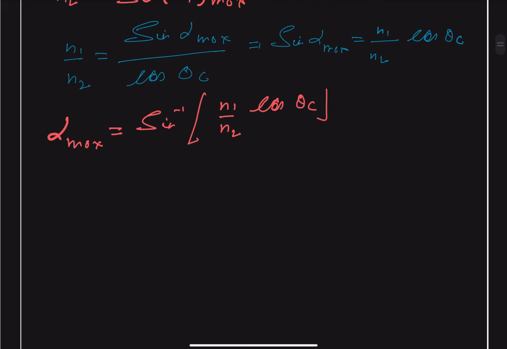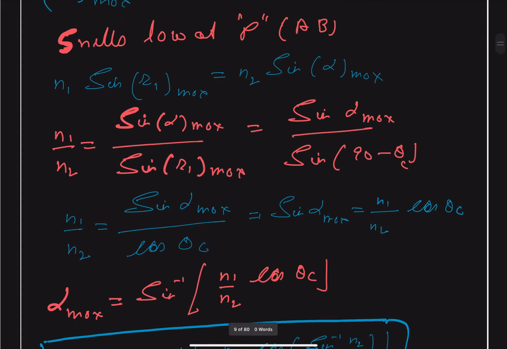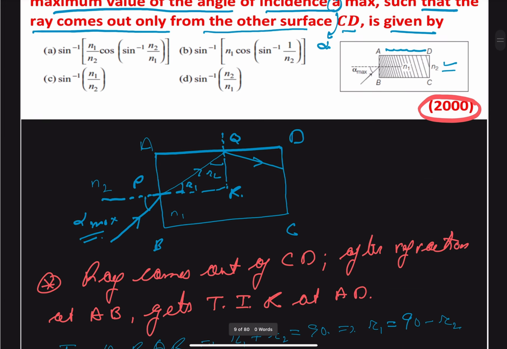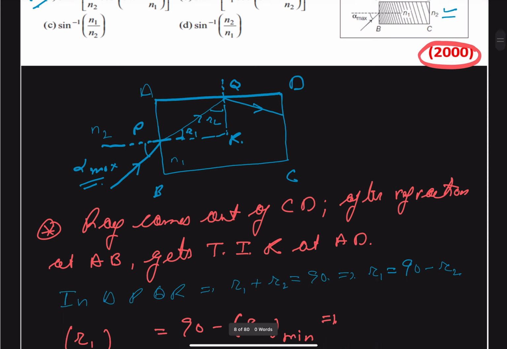So we substitute it here, and we get alpha max is equal to sine inverse of N1 by N2 cos of sine inverse N2 by N1. So this is the maximum value of alpha so that the ray comes through the opposite surface, that is DC. So option number A is the correct one.